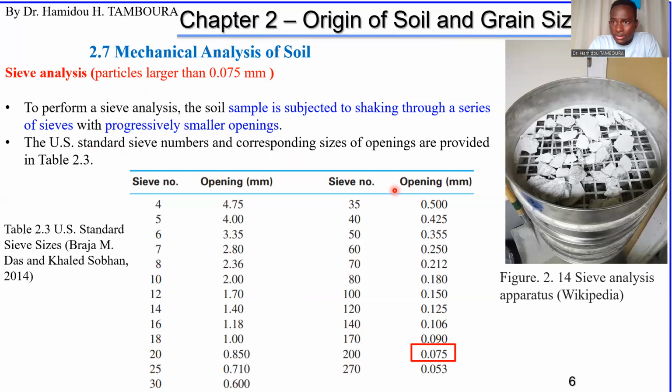So after completing the sieve analysis, you take the soil at the bottom, the last, or I don't know, the first, depending from where you start, the bottom sieve or the pan. The soil contained in that sieve has smaller particle size. So we take that one to make the hydrometer analysis.